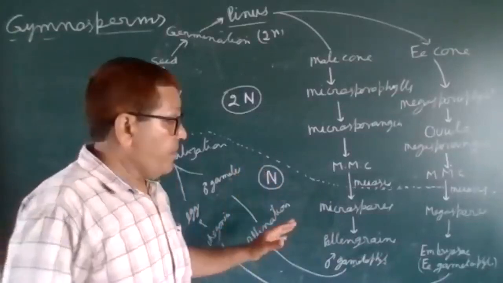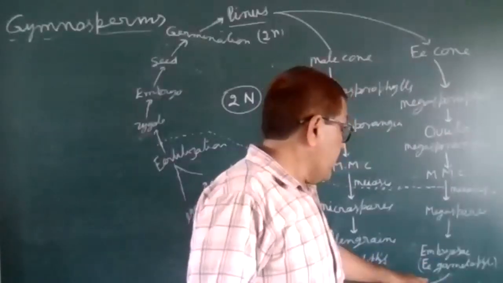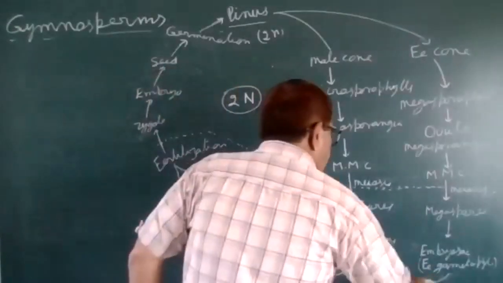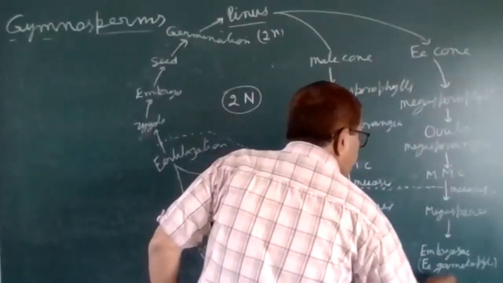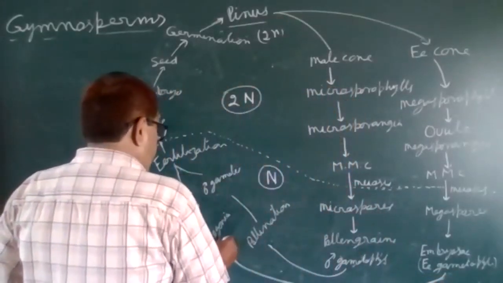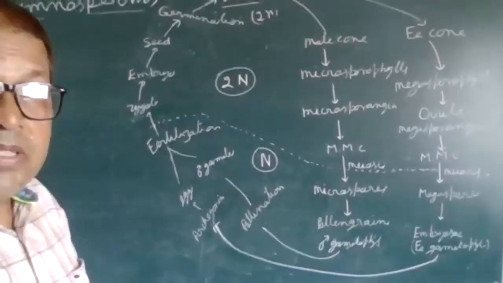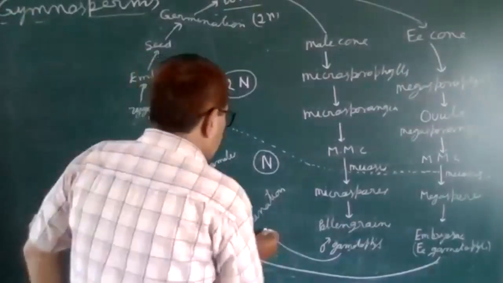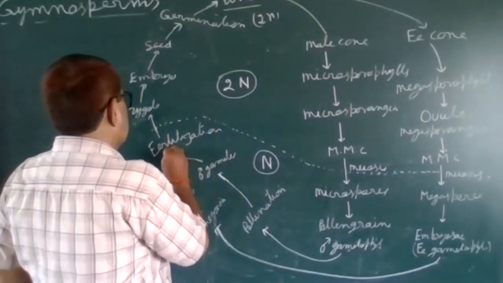And this is the embryo sac. It is also called the female gametophyte, and it has archegonia.